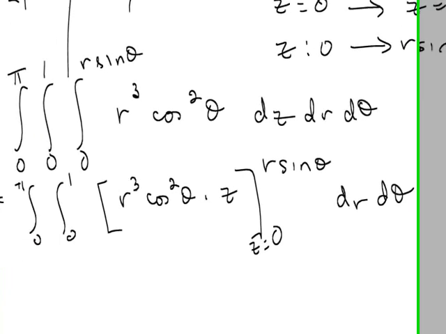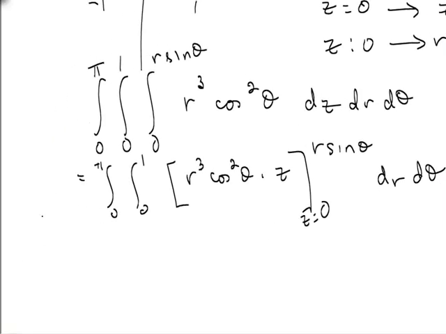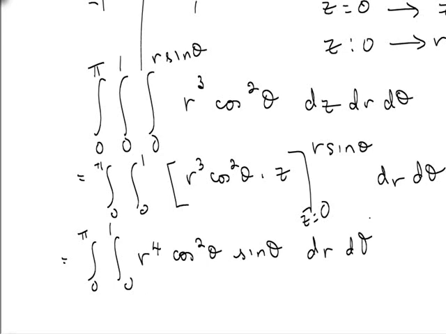Let's substitute r sine theta for z. This is equal to the integral from 0 to pi, 0 to 1. When you substitute r sine theta, you get r to the 4th cosine squared theta sine theta dr d theta.